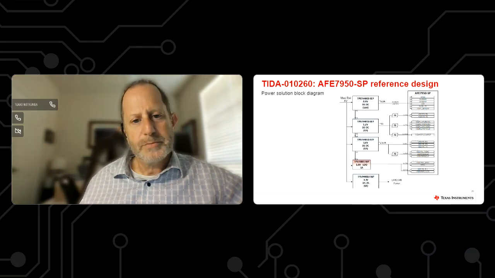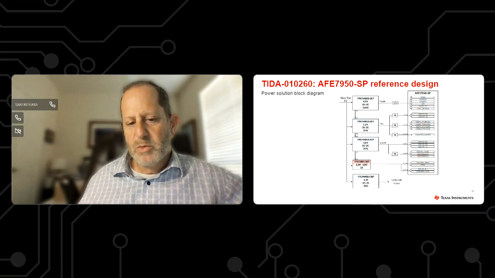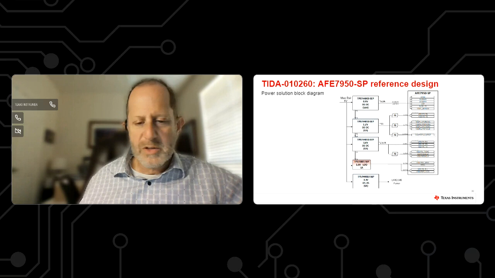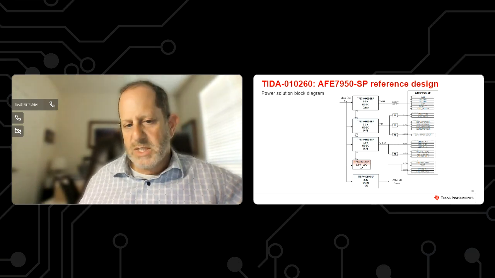And then the power solution using SEP flavored DC to DCs and LDOs. This is another example where we wanted to be very efficient in its physical size and just overall efficiencies. So pretty much using DC to DC converters, almost all the analog rails, with the exception of the most sensitive ones.